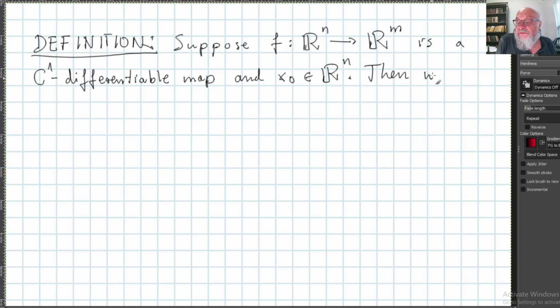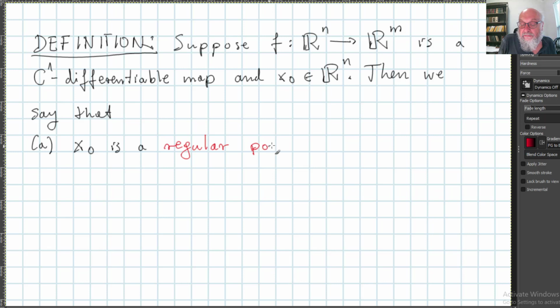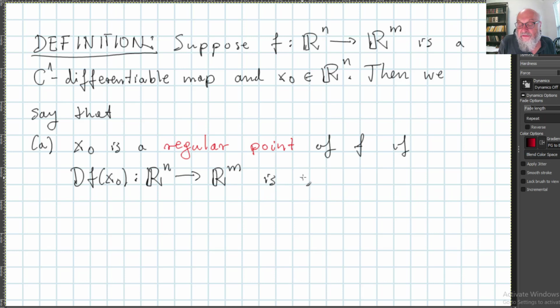Then we say that (a) x naught is a regular point of f if the derivative of f at x naught, which is a linear transformation of Rn to Rm, is surjective.